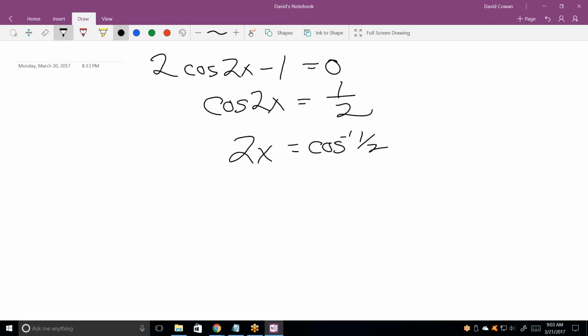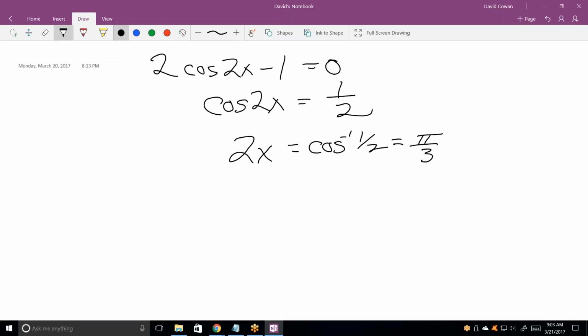Well, what's the inverse cosine of 1/2? The inverse cosine of 1/2 is pi over 6. Now hold it, it's pi over 3, sorry. Yeah, cosine of 60 degrees is 1/2.